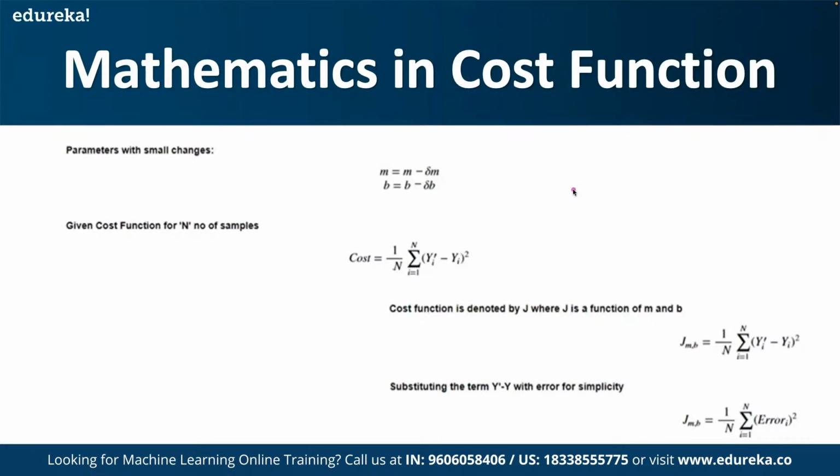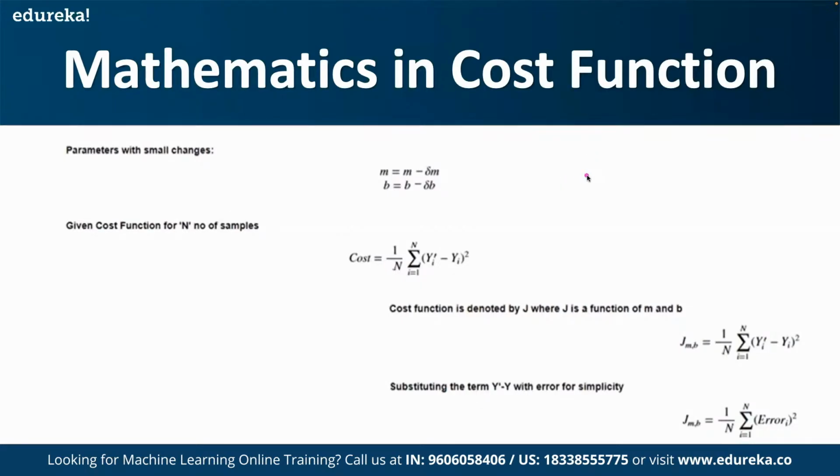So what is a derivative? It is nothing but, if I change a parameter by a very small amount, what is the change that we get to see in the output? The measurement of the change for a very small amount is called the derivative value.